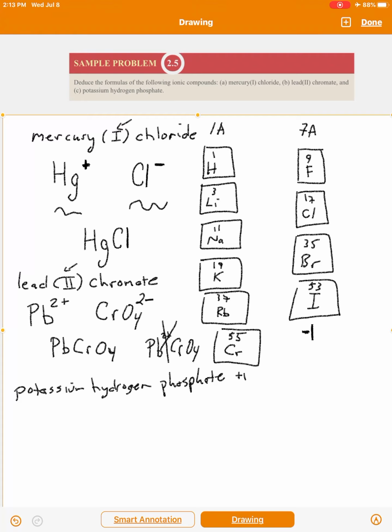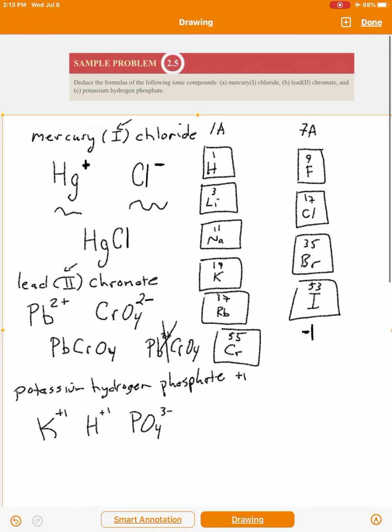Potassium, hydrogen, phosphate. Potassium, the symbol for it is a K for kalium, has charge +1. Hydrogen has charge +1. Phosphate has charge of -3.